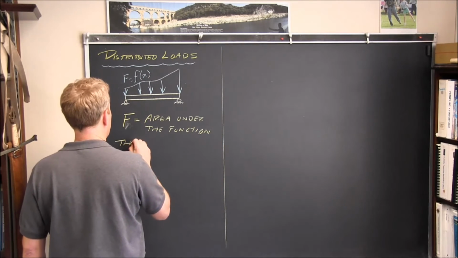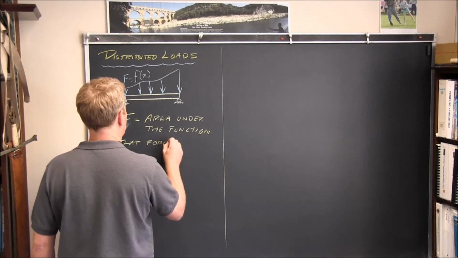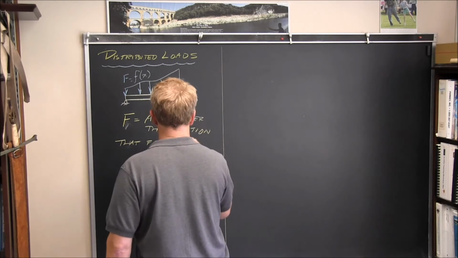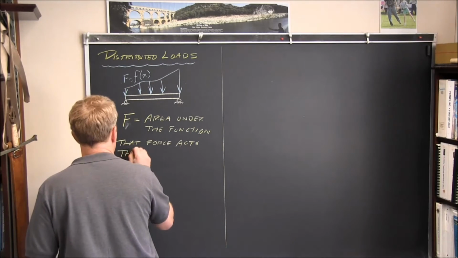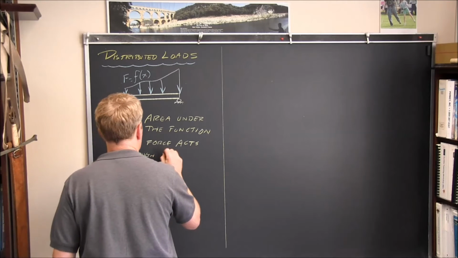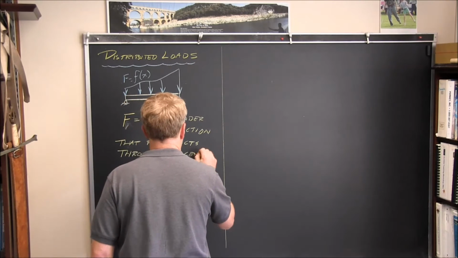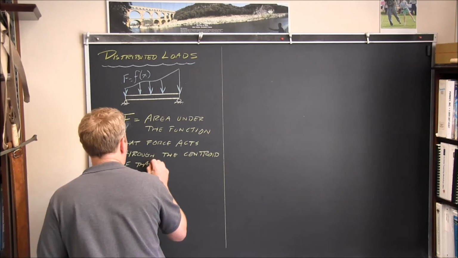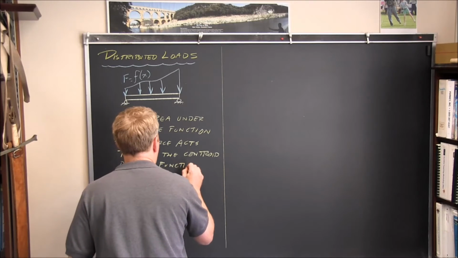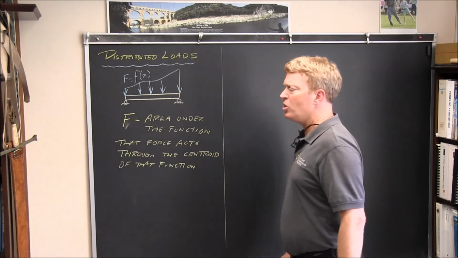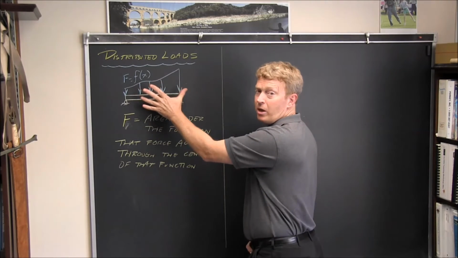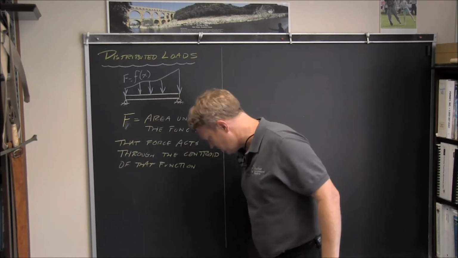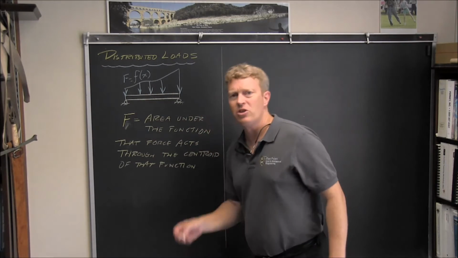And that force acts through the centroid of that function. So I'm going to be able to take this whole blue function right here, which is acting downwards as a distributed load, and turn it into a single force acting through a single point.